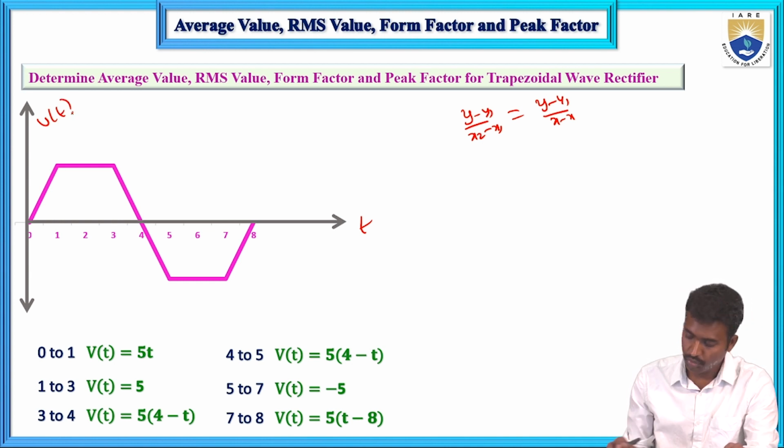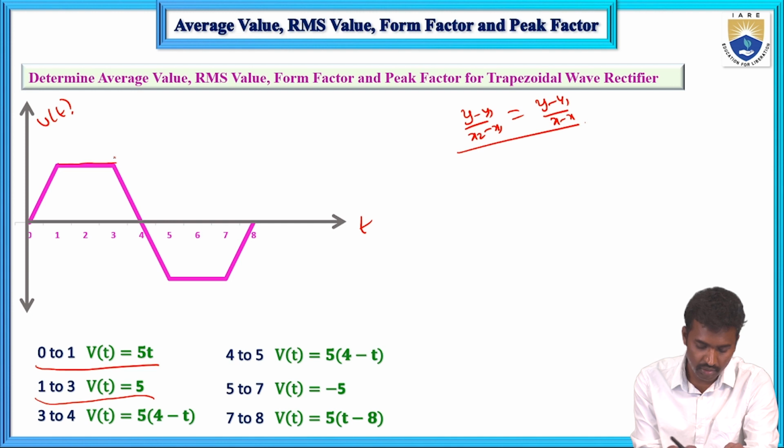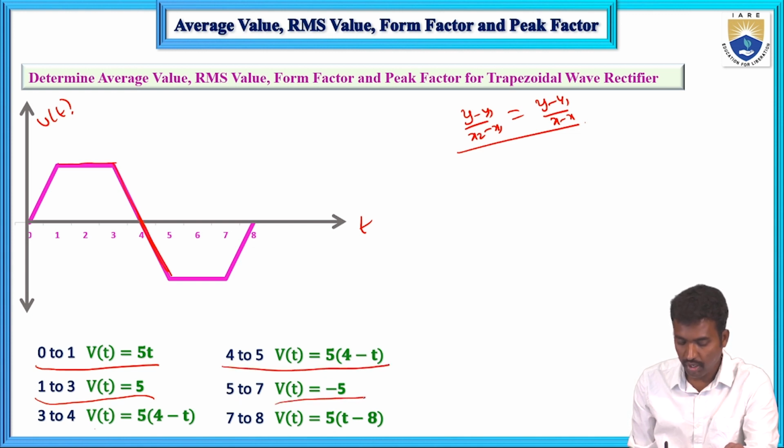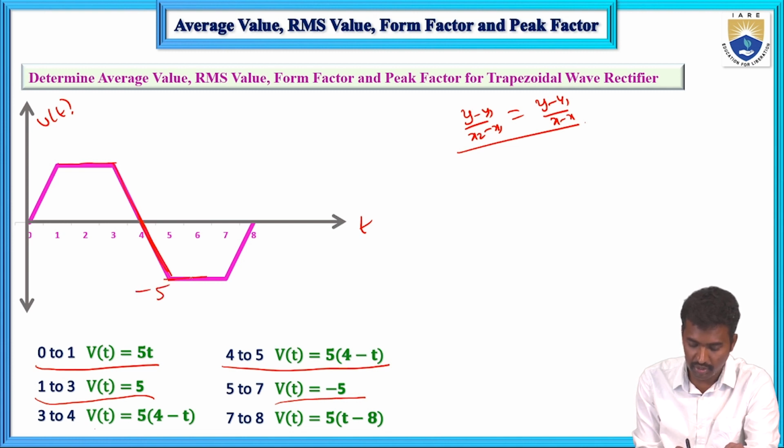Now using those points, 0 to 1 is 5t, and 1 to 3 is a straight line parallel to the x-axis at 5, and 3 to 4 is 5 into 4 minus t, and 4 to 5 is the same thing, and 5 to 7 is minus 5, and 7 to 8 is 5t minus 8. These are the equations.